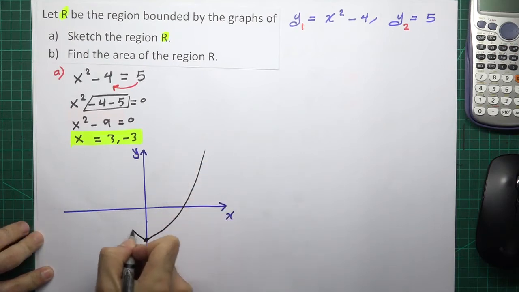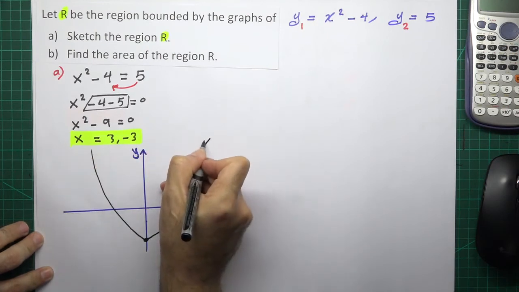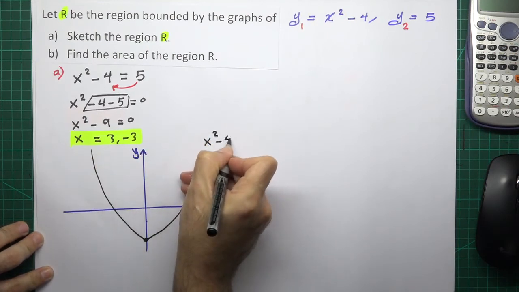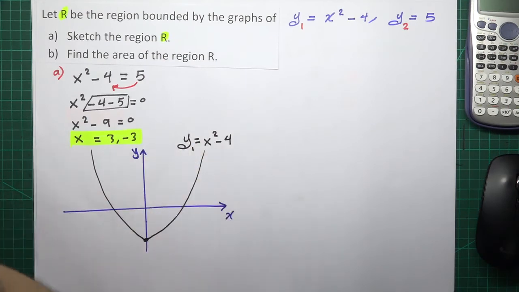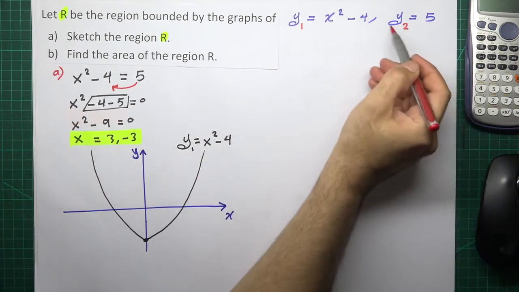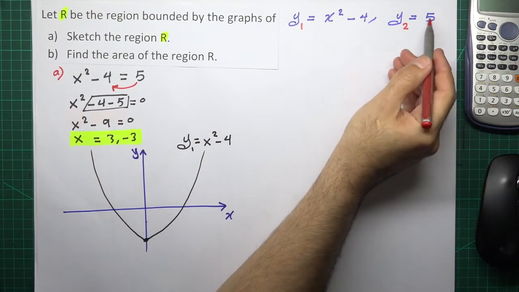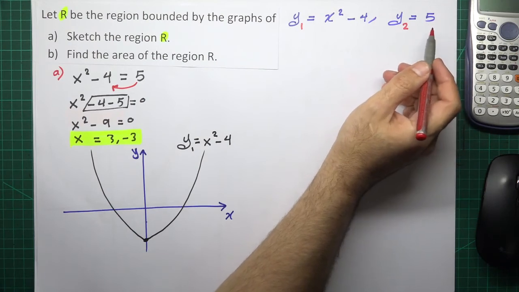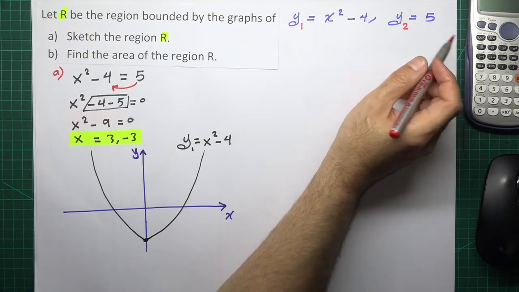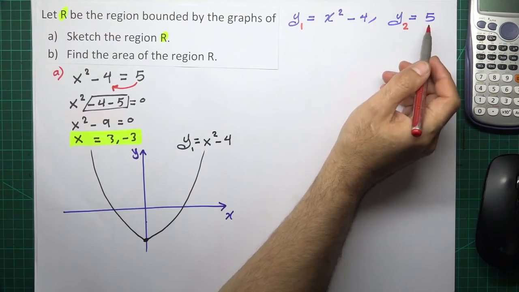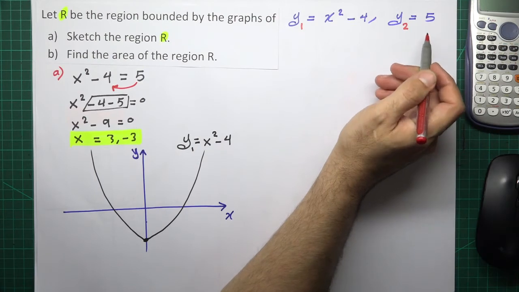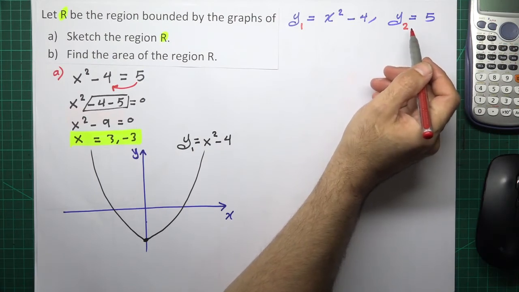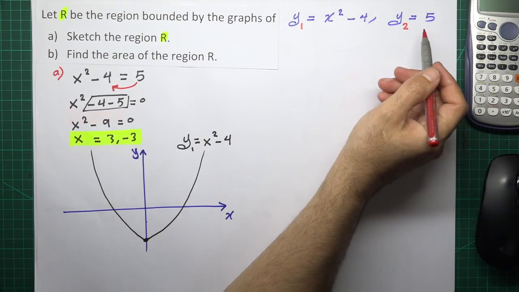So this one is x squared minus 4, and this is y1. I will use a different color, maybe red, to represent the other one. y2 equals 5. We don't have x, nothing, just the constant 5. It's of course a horizontal line, or let's say a line parallel to the x-axis.